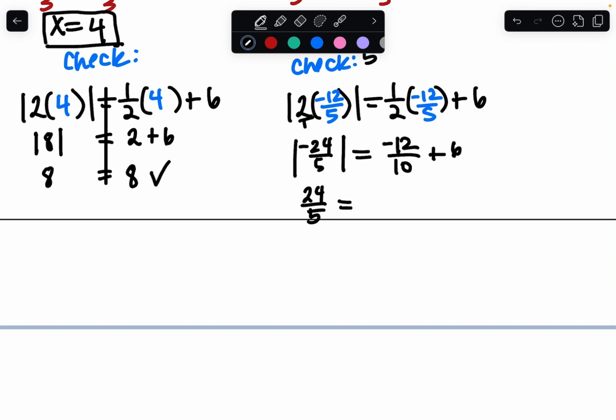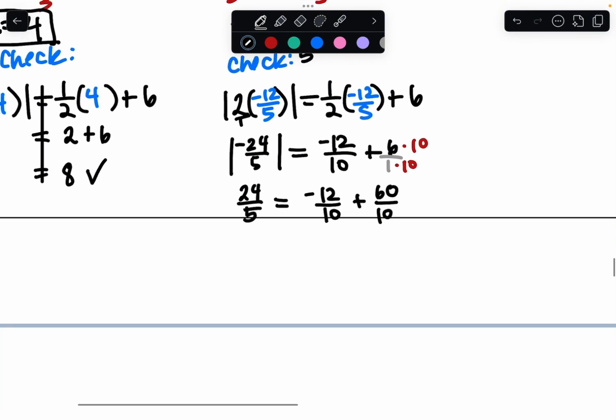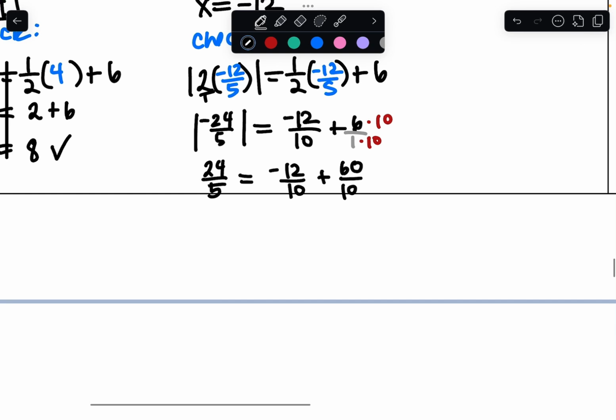On the right-hand side, I need a common denominator. And so I am going to write 6 as 6/1, and we are going to multiply top and bottom by a 10 to get -12/10 plus 60/10, which we could have simplified the -12/10, but we're good. And so -12 plus 60 is 48.